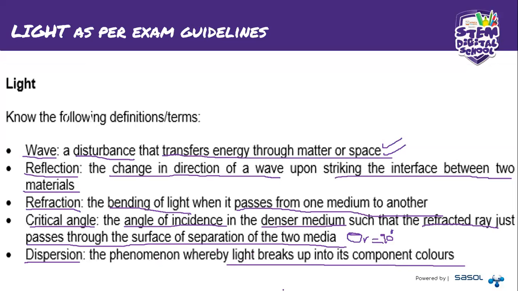This is where you remember that if we talk about white light, or if we talk about visible light, we know it breaks up into its component colors, and we have 7 of those colors.